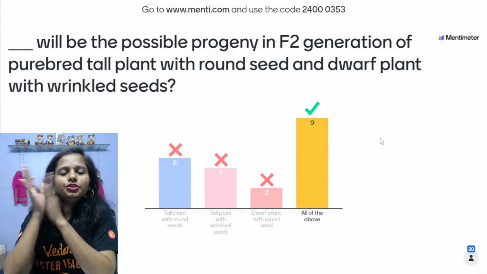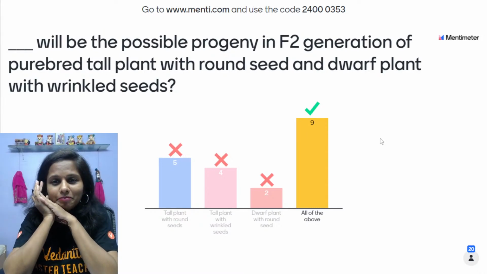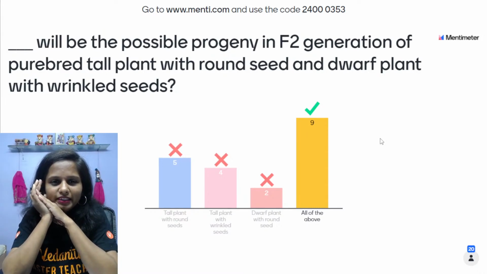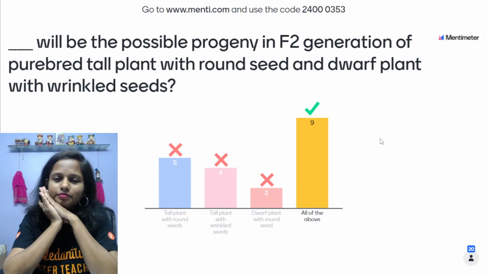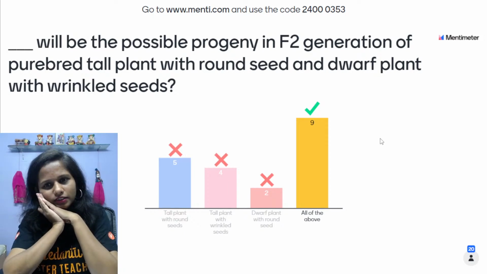So 9 kids are absolutely right. And my dear kids, a purebred tall plant, that is capital T, is crossed with tall plant with round seeds, capital T, capital R, okay? And dwarf plant with wrinkled seeds.